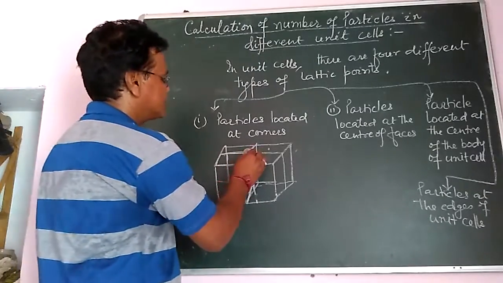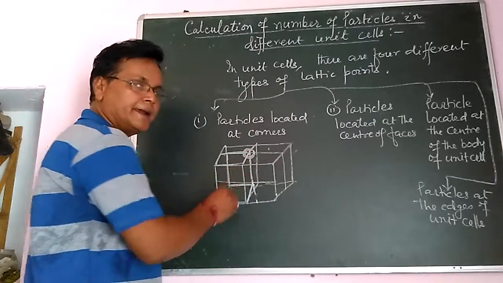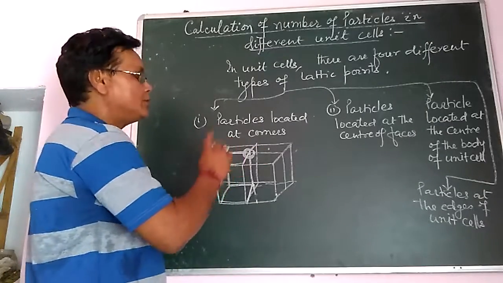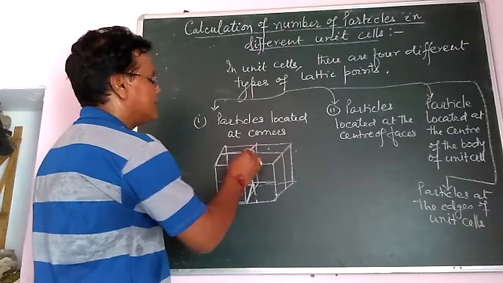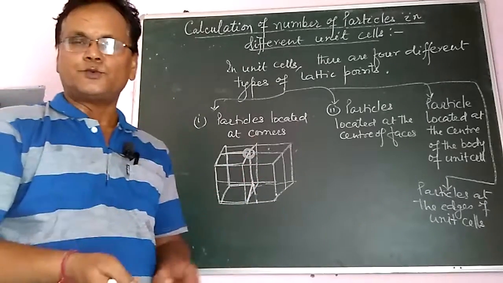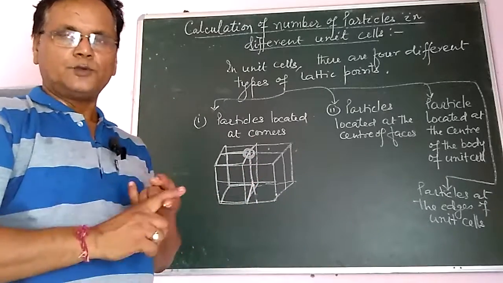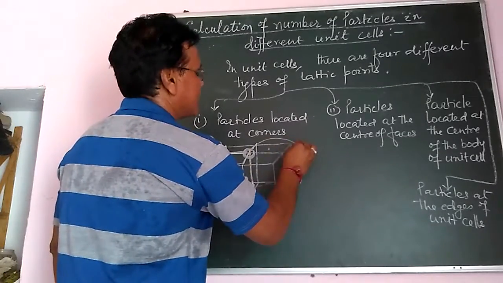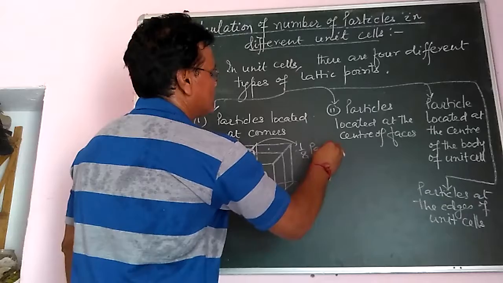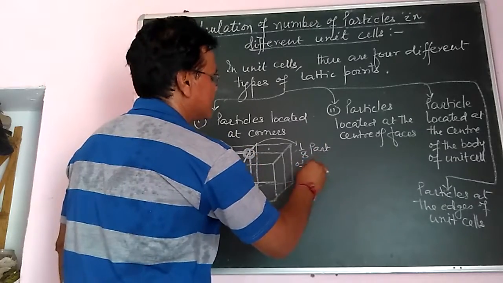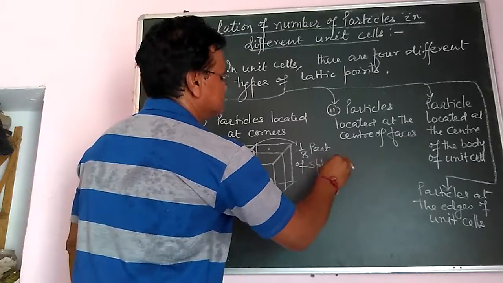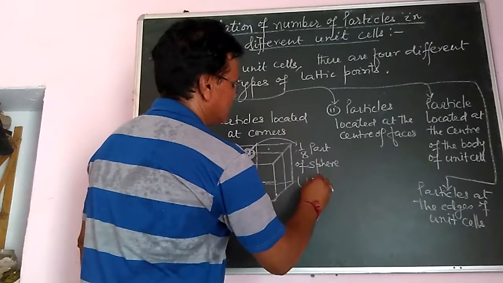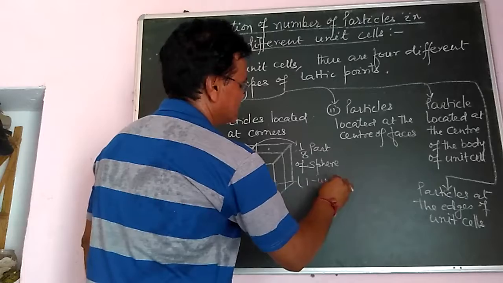It means 1/8 part of the particle will be in one unit cell, because the whole particle is attached with 8 unit cells. So in one unit cell, 1/8 part of the sphere or atom is present.